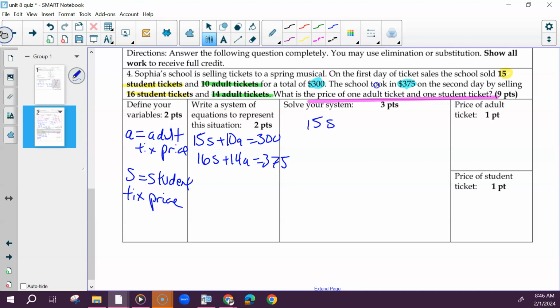I'm going to write this down first. If you're not sure what to multiply them by, you can always just multiply them by each other. So 15 and 16 was a good option. 10 and 14 was a good option. Some of you that did elimination found one more. I think it was 5 and 7.